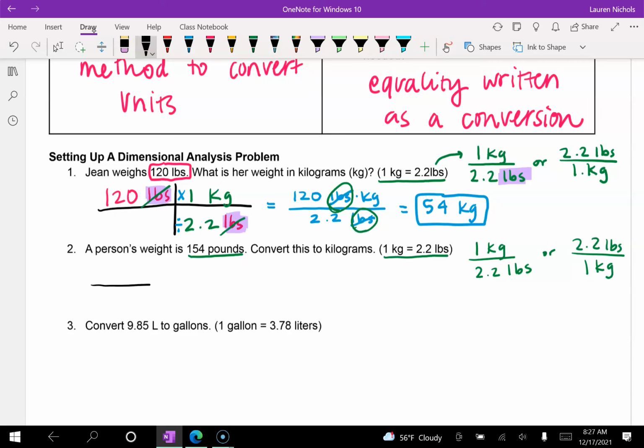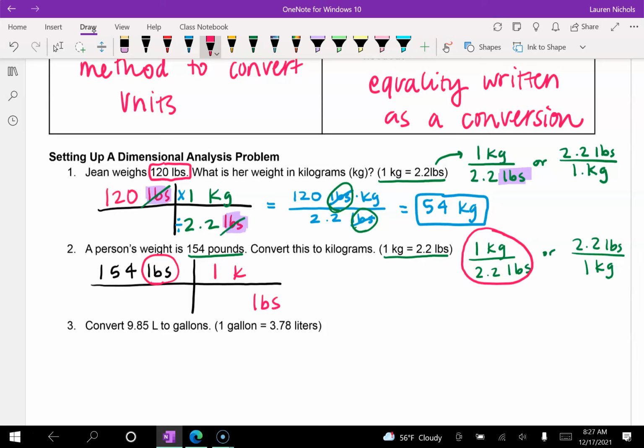So we set up our T-chart, take what's given to us, our 154 pounds, and put it in our chart. Because I have pounds here, I will need pounds at the bottom of my fraction.